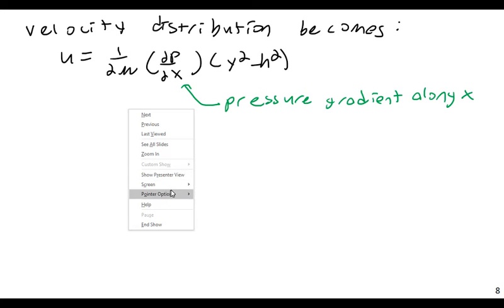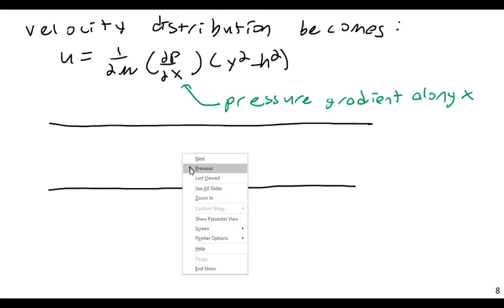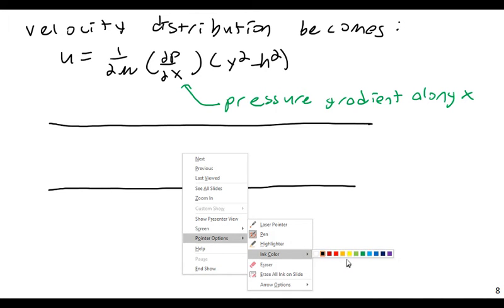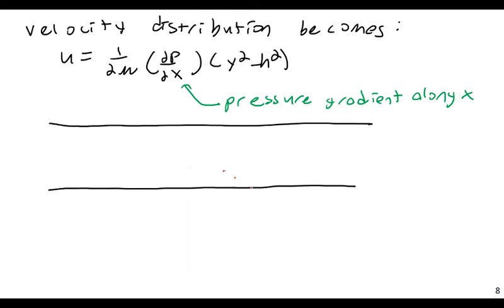So in other words, we have something like this. There may be a pressure gradient like so, starting out at 0 at the edges, and then in a parabolic fashion going like this.